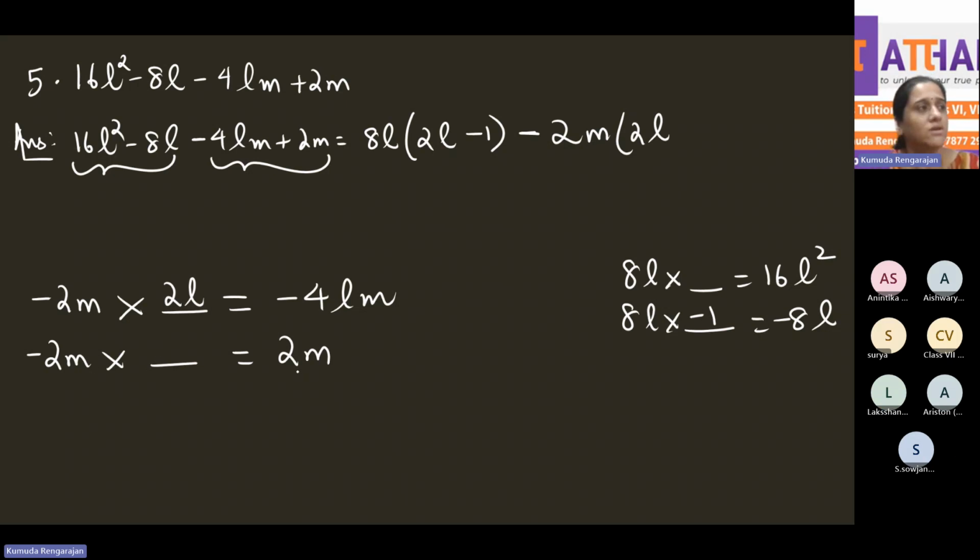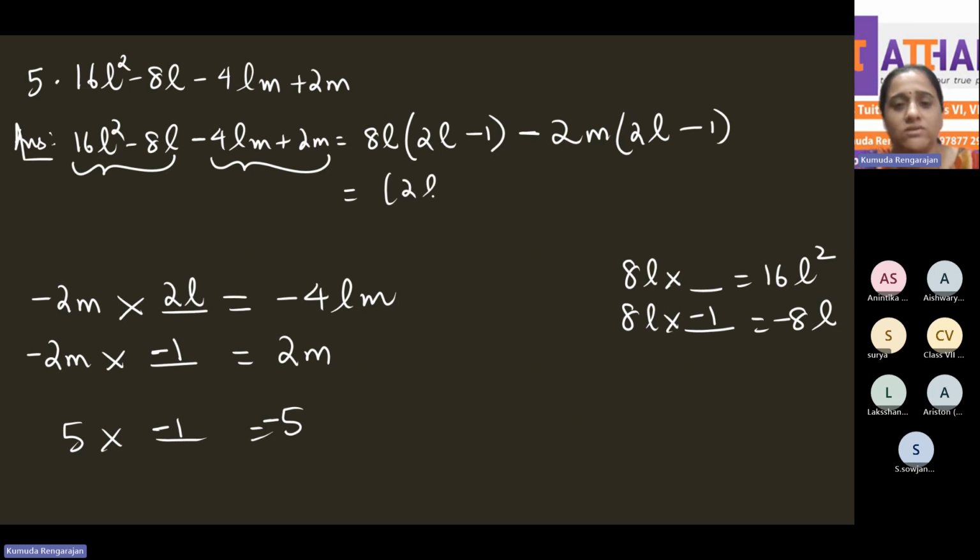Because 5 into 1 is 5, and 5 into minus 1 is minus 5. So 2M we already have, 2M into 1 is 2M, but the sign, minus into minus, is plus. Right? Minus 1.